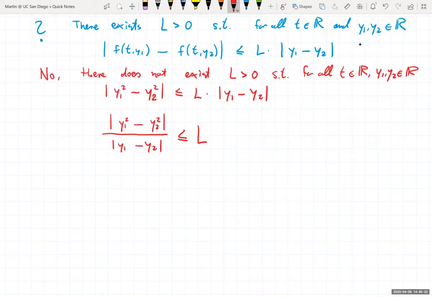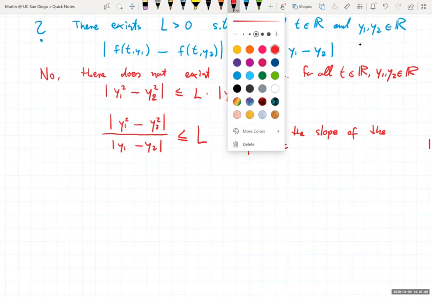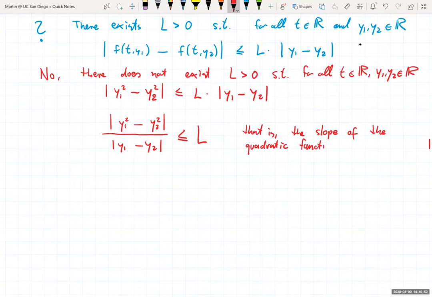But that just means that the slope of the quadratic function which maps y to y square is uniformly bounded, or is bounded over all real numbers.